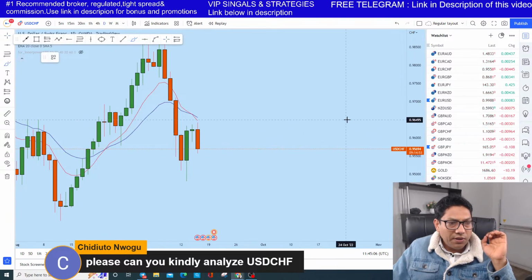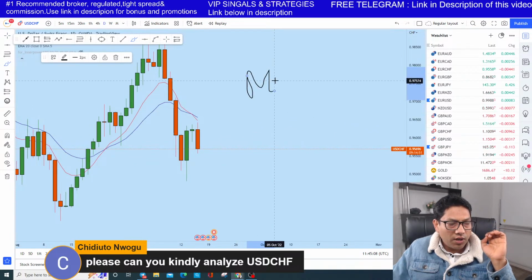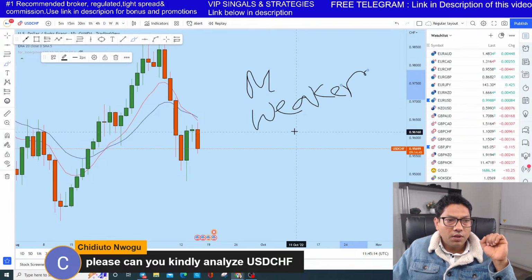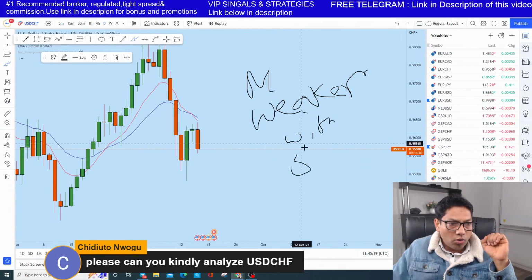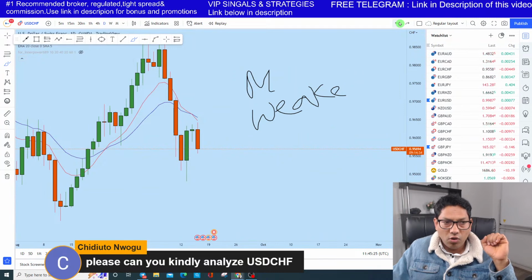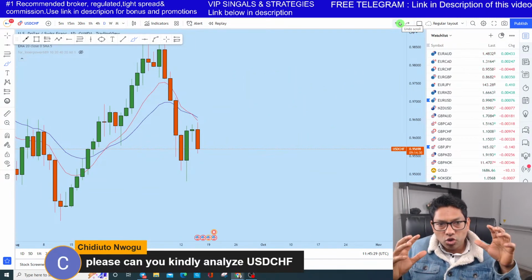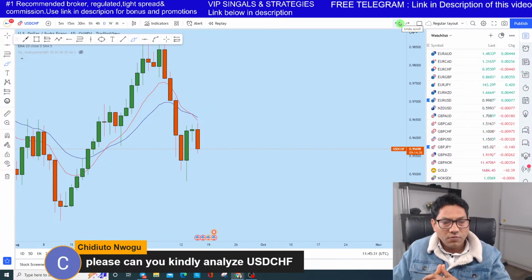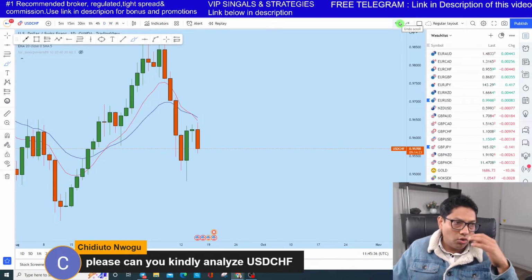Always keep in mind, marry the weakest possible currency with the strongest. Now CHF is naturally very strong for a very long time. Now USD is getting stronger. A strong currency against a strong one may not give a good result, and USD is very strong these days.